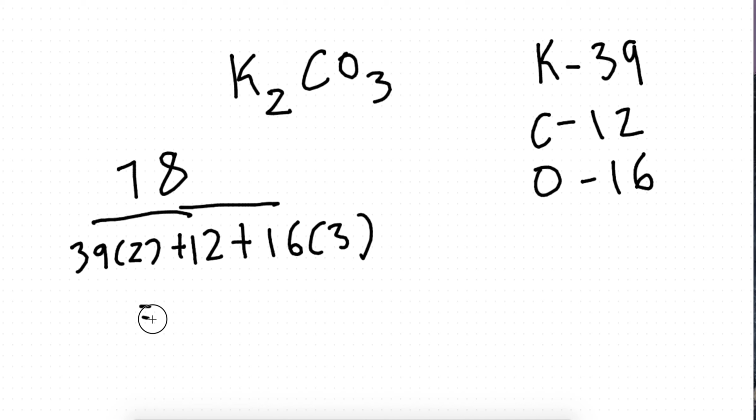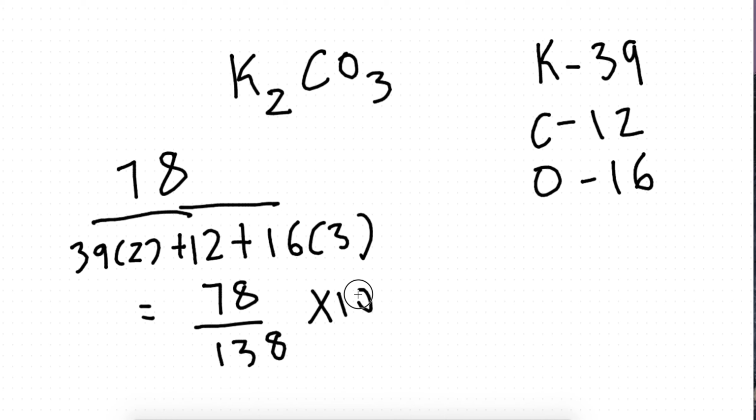So we end up getting 78 over 138, right? 78 plus 12 is 90, 90 plus 48 is 138, times 100%.